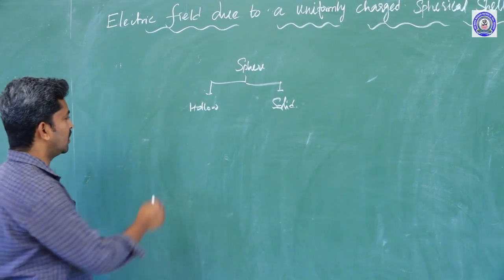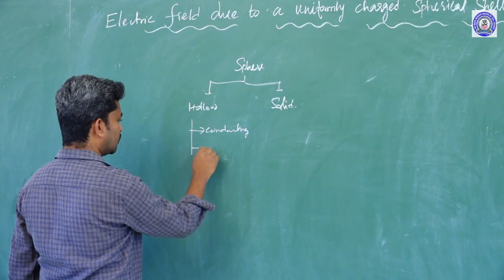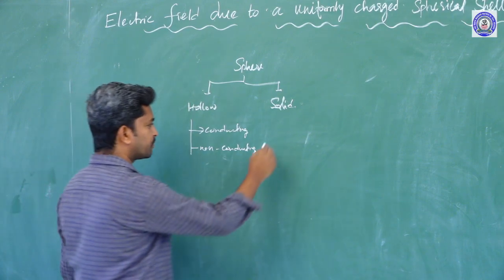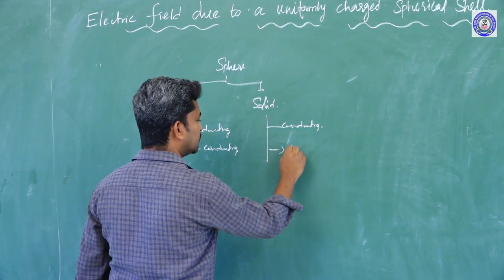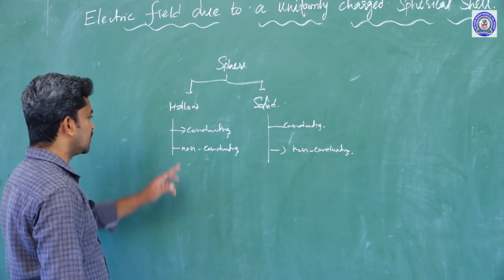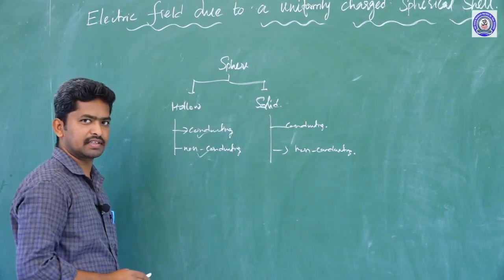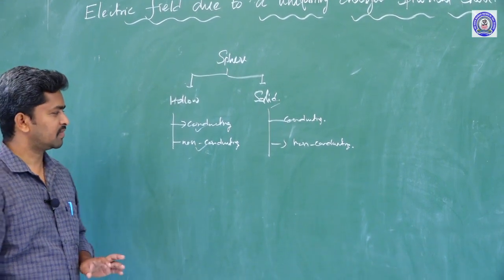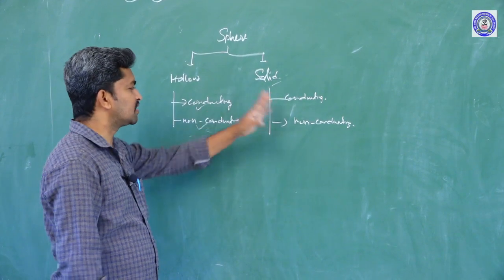In our topic, hollow spheres are either conducting or non-conducting. Similarly, solid spheres are conducting or non-conducting. A conducting hollow sphere, a non-conducting hollow sphere, and a conducting solid sphere produce the same result and have the same properties. The non-conducting solid sphere differs from these results.